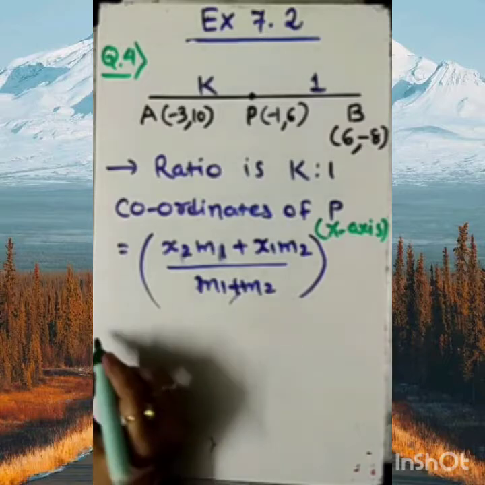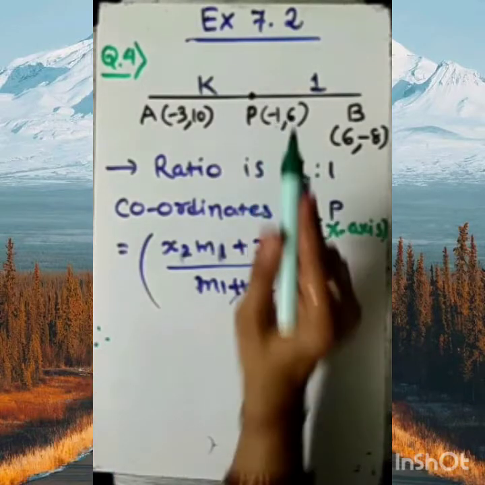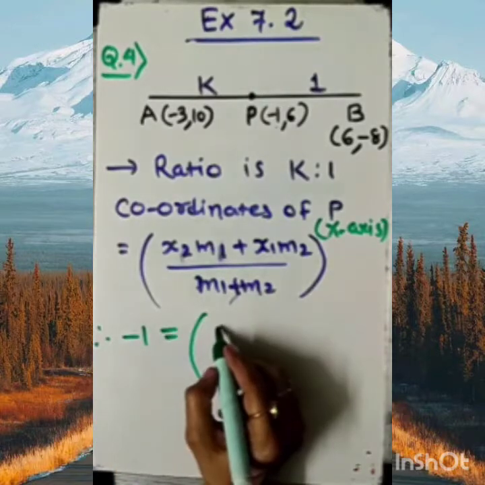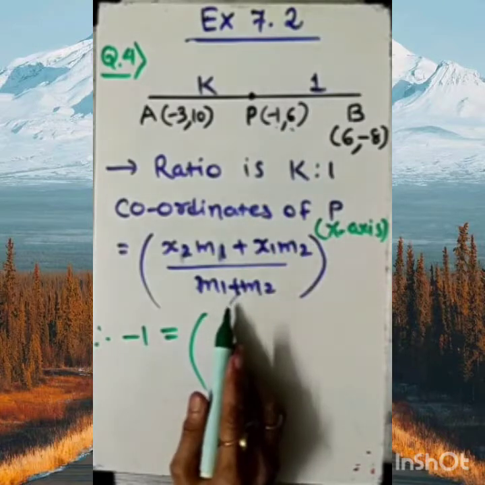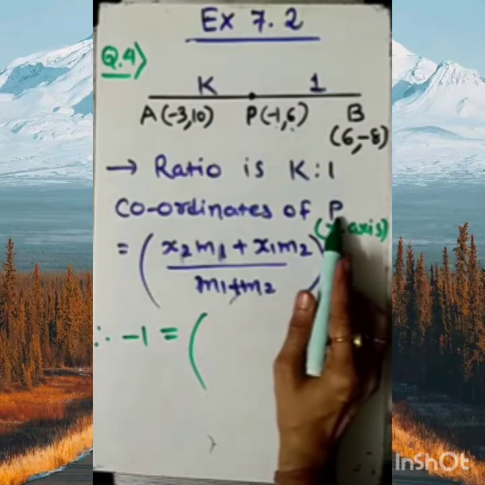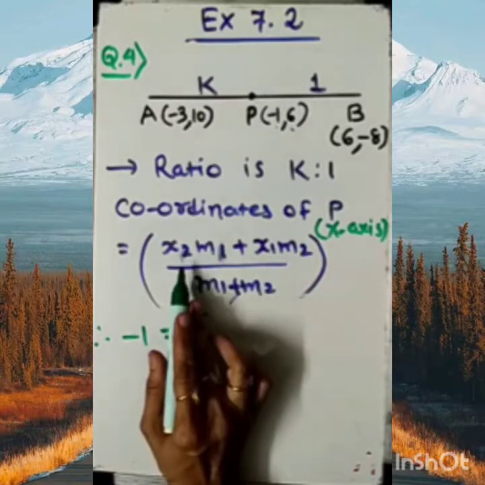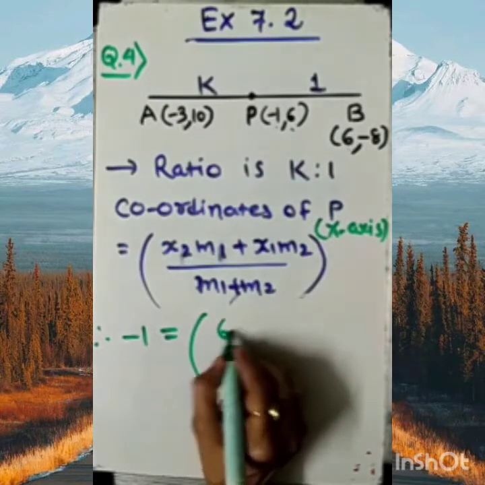If we compare, you can see it is -1. So I am comparing the x coordinate, that is -1. Now what is x2? You can see this is x1, this is x2, that is 6, I am putting here.